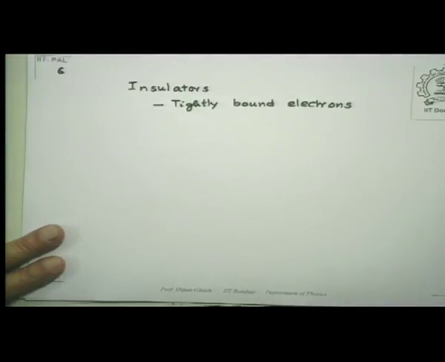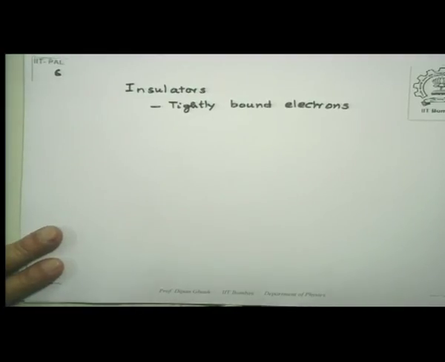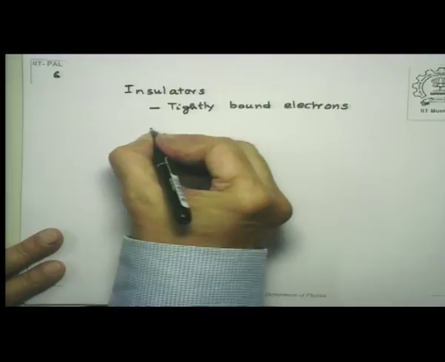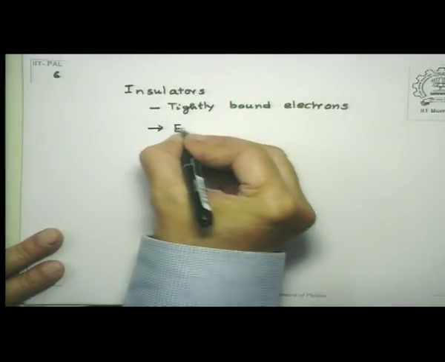Unlike in the case of a conductor, where we have said that under static condition there cannot be an electric field inside a conductor, in case of insulators a different distribution of charges occurs, and the electric field inside need not be 0.